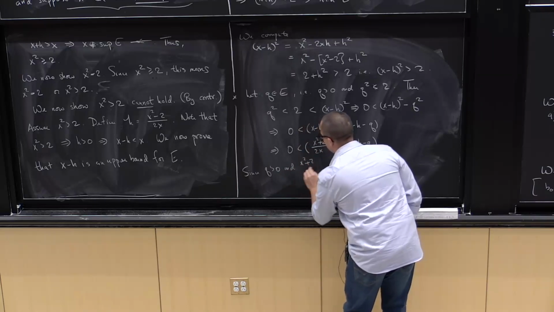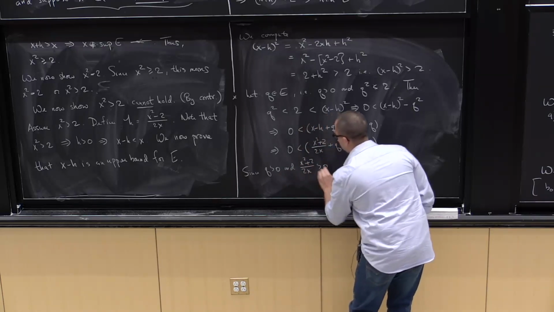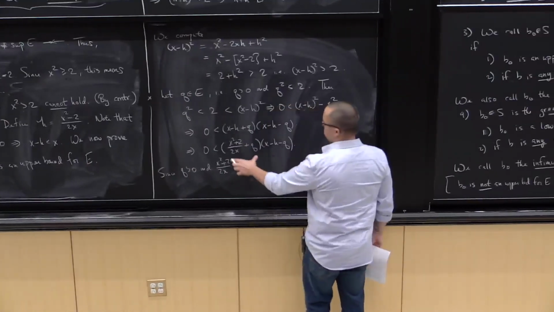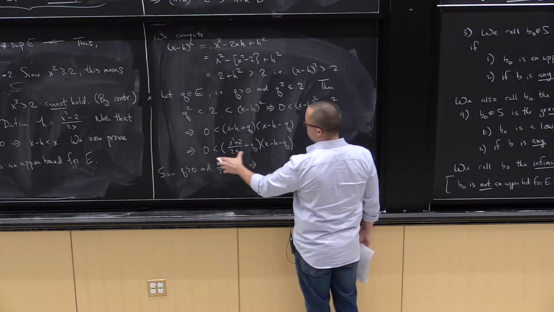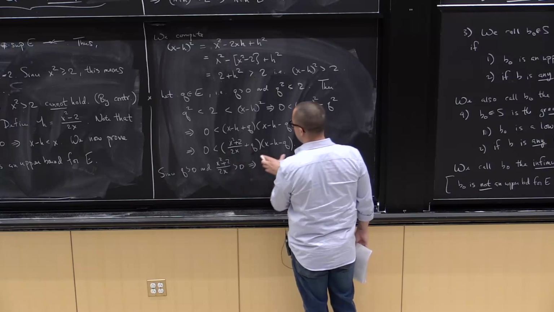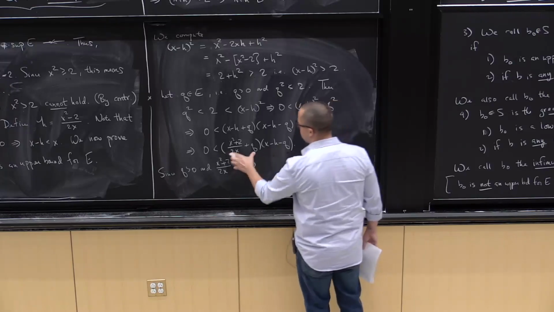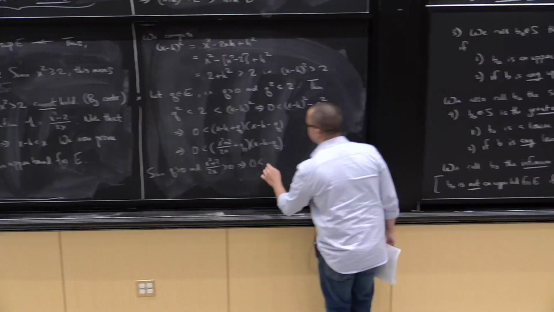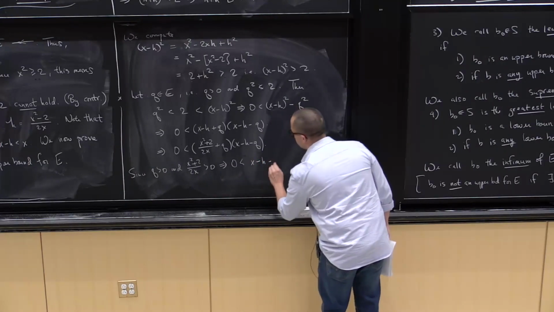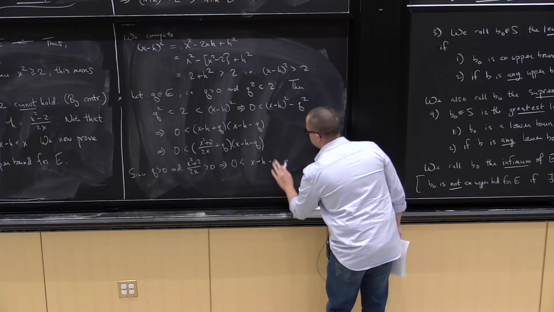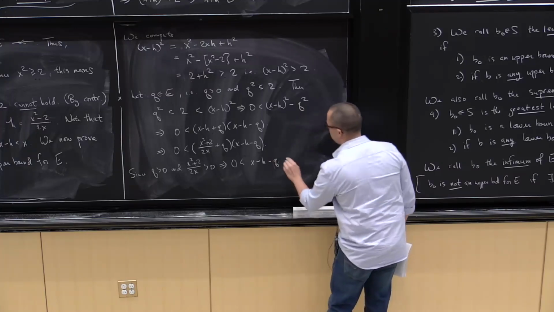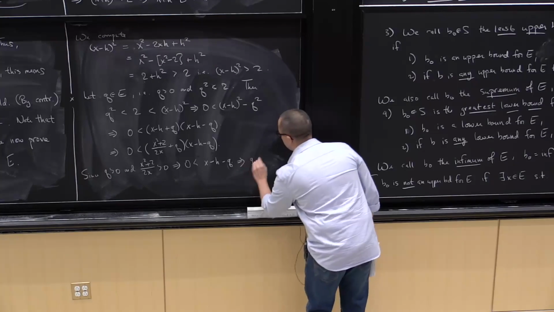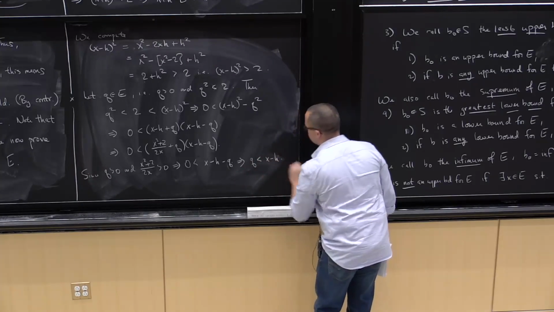And so that means their sum is positive. So I have something positive times this, so I can divide by this positive thing and keep the inequality. So that implies that 0 is less than x minus h minus q, which implies that q is less than x minus h.